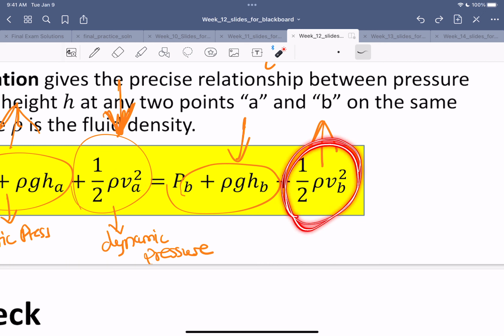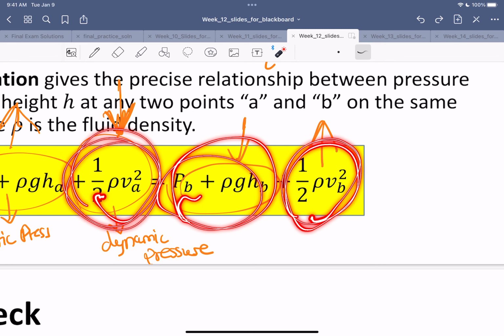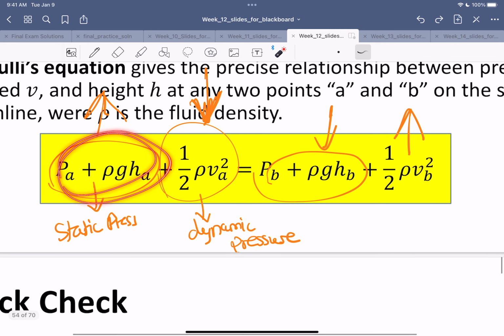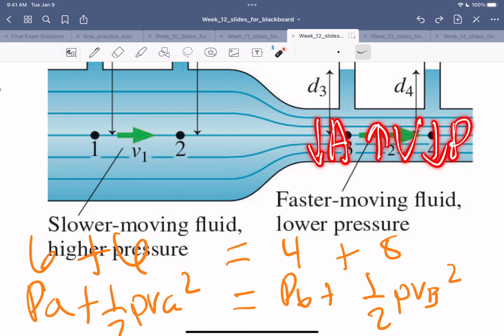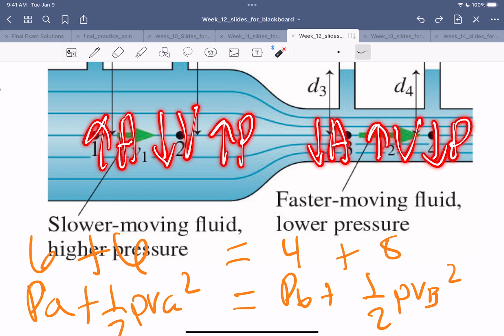If there's more dynamic pressure than this dynamic pressure, there should be less static pressure than this static pressure. So, in a more constricted area, this area is smaller, I should see greater speed and I should see lower pressure. In this larger area, I should see slower speed and a greater pressure.